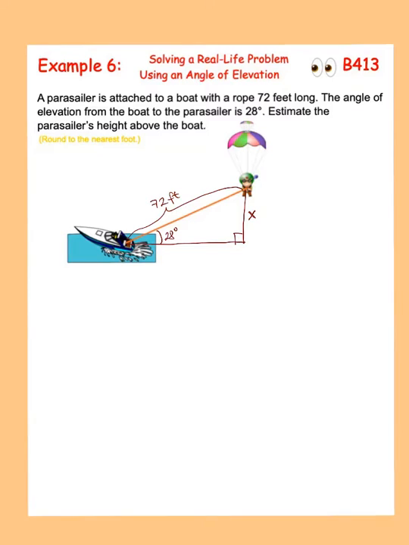So again, I'm going to look at what sides of the triangle are given to me in relationship to the angle. So I look at the x, which is opposite the angle 28, and the 72 is my hypotenuse. Therefore, I'm going to use the trigonometric ratio that involves the opposite and the hypotenuse.